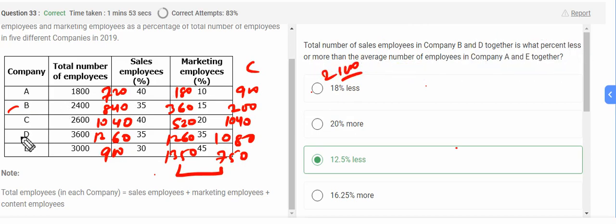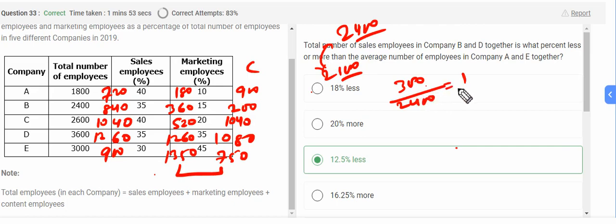So average number of employee in company A and D is 1800 plus 3000 divided by 2, which is 2400. So how much is it less? So 300 over 2400, which is 1 by 8, that is nothing but 12.5% less.